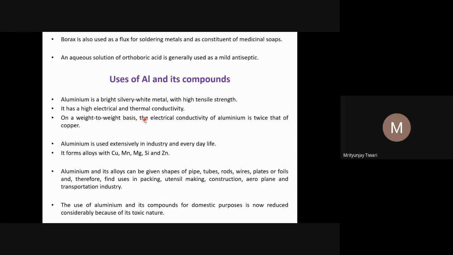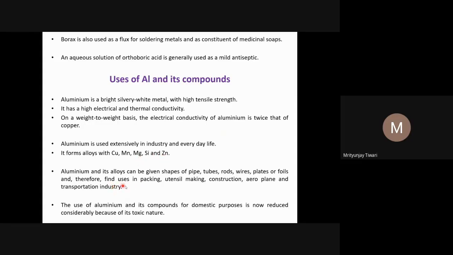You might also have read a similar thing in your electricity chapter in physics. Aluminium is used extensively in industry and everyday life. Earlier people used it in utensils. Aluminium forms alloys with copper, manganese, magnesium, silicon, and zinc.